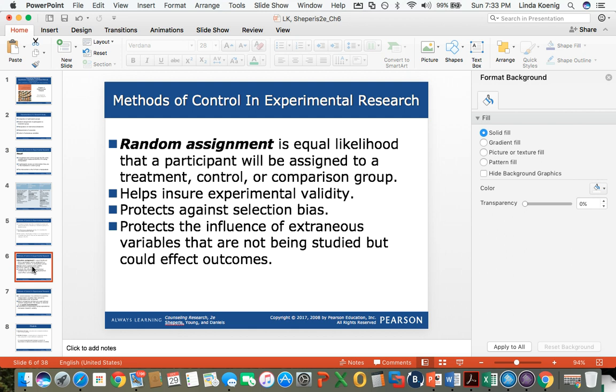It protects against selection bias because you have an equal chance of being placed in one of the three groups. It protects against the influence of extraneous variables, one of those things that aren't being studied, but they could affect the outcome. I think we just mentioned it in the slide before.